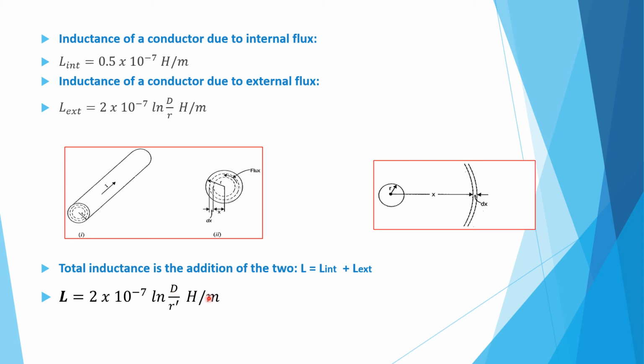D by r plus 1 by 2 total gives us this, with r dash in the denominator. So the total inductance is given by the formula 2 into 10 to the power minus 7 natural logarithm d upon r dash Henry per meter, and r dash is equal to r into e to the power minus 1 by 4, which is a constant term, and it is 0.7788 into radius of the conductor. Radius means this radius of the conductor.